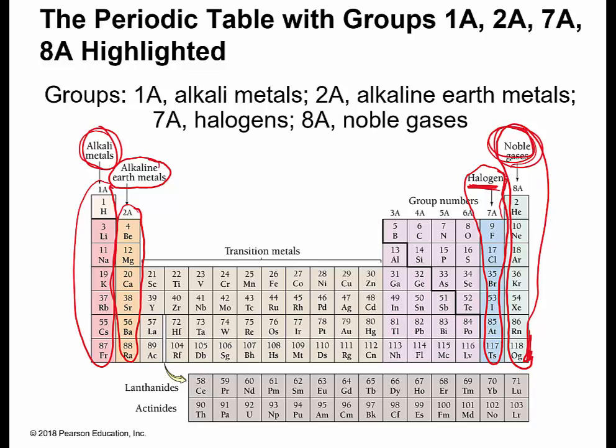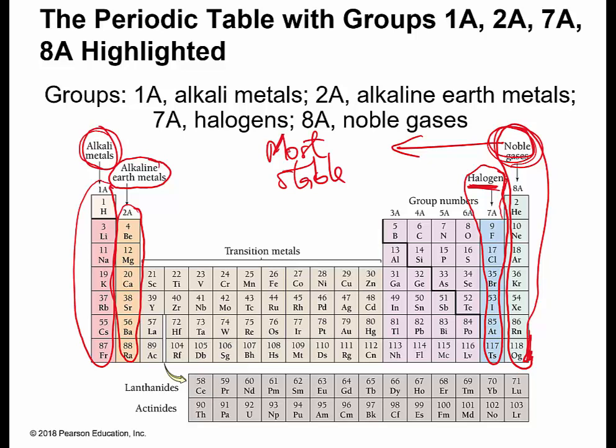Why do we call them noble? Because they do not like to react. And because they do not like to react, scientists tried to understand why. And it was found out that it is because they are very stable. So group 8A elements, the noble gases, are the most stable elements in the periodic table.